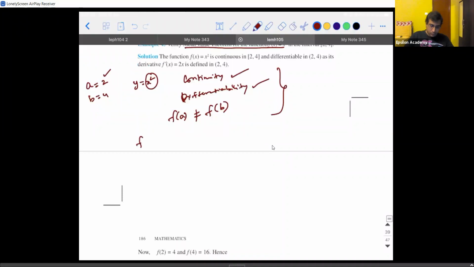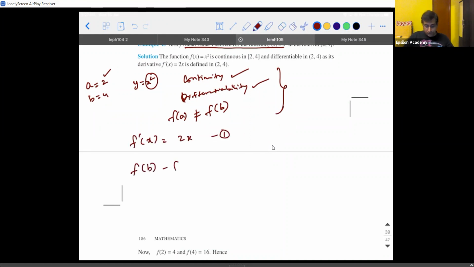So for that, what we will do is first differentiate. So sorry, f dash of x. F dash of x is how much? It is 2x. Let this be 1.